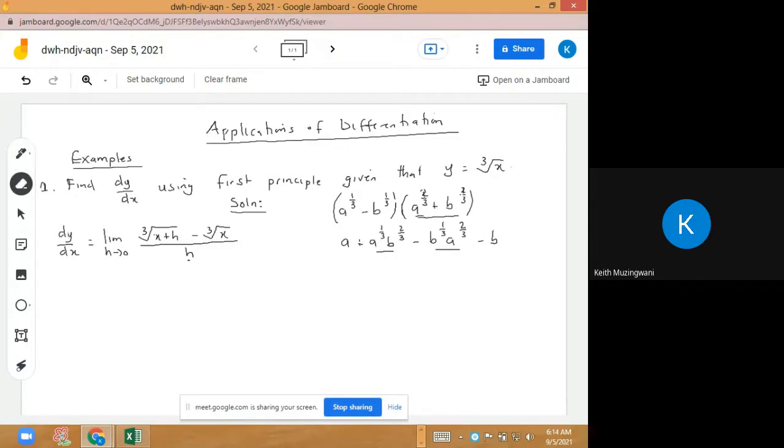So let's see. We go back to it. We just need to get rid of these terms in between here. So let's combine our two terms on the left as we bring this thing on the right.